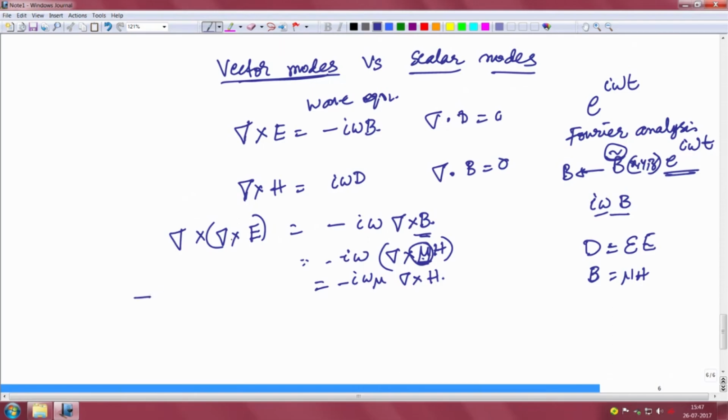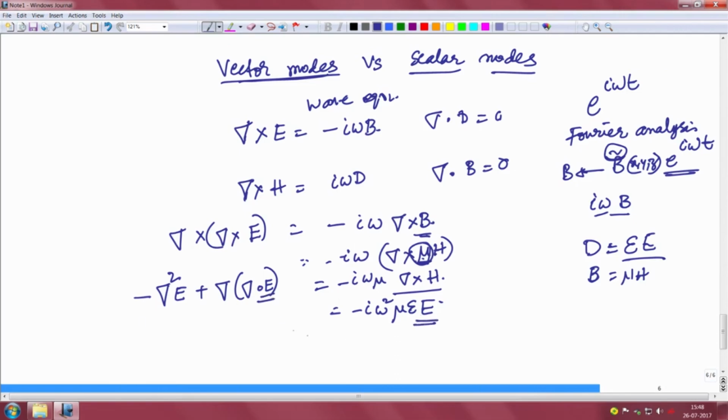This can be replaced by the curl theorem using del square E plus del of del dot E, that is, del cross del cross E. So, del square E plus del of del dot E minus del cross H. We can replace del cross H with this expression to obtain minus i omega square mu, and I will use this to replace D with epsilon E. So, we have only the electric field in this expression.